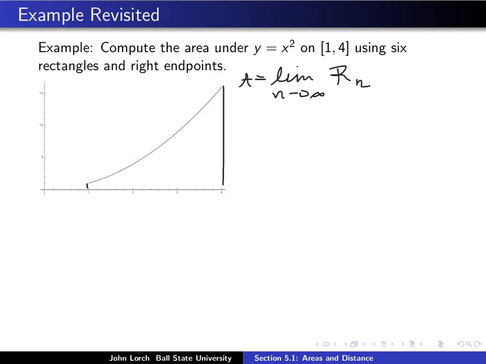A few minutes ago, we computed the value of R6. And now what we want to do is to imagine what happens if we replace 6 rectangles by 12 rectangles, or 18, or 24, or some number of rectangles that's just getting larger and larger.